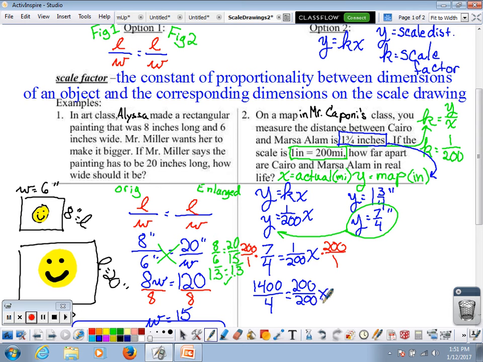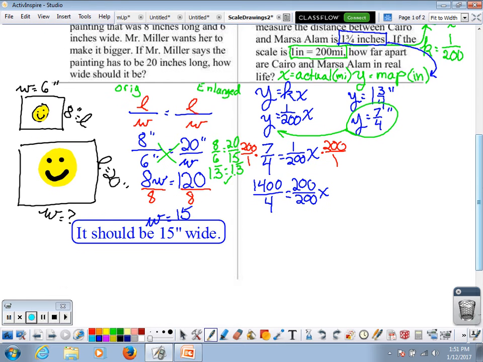What does 200 over 200 equal? Shout, yeah, 1. Okay? Well, what does 1x equal? Just x. So I have 1x is 1,400 over 4.